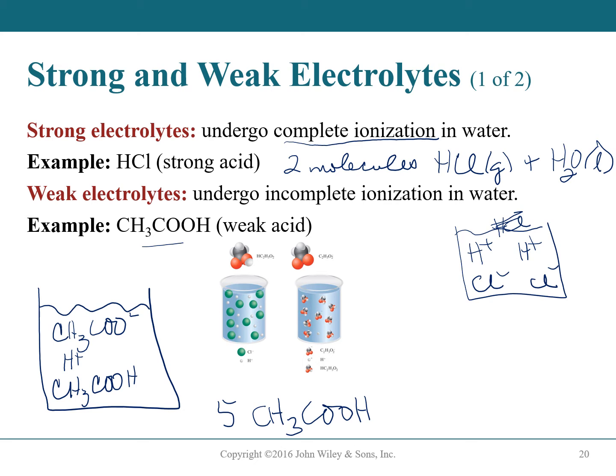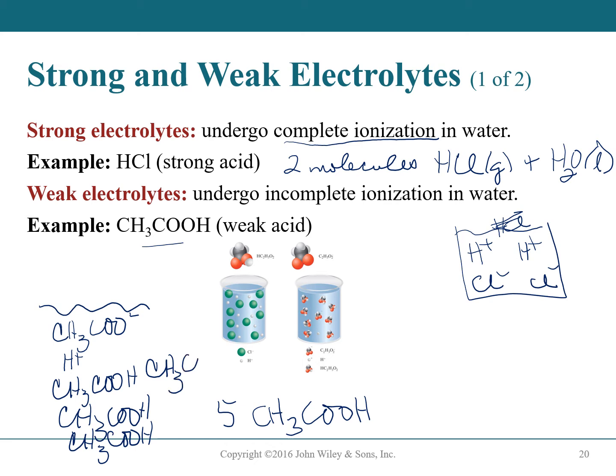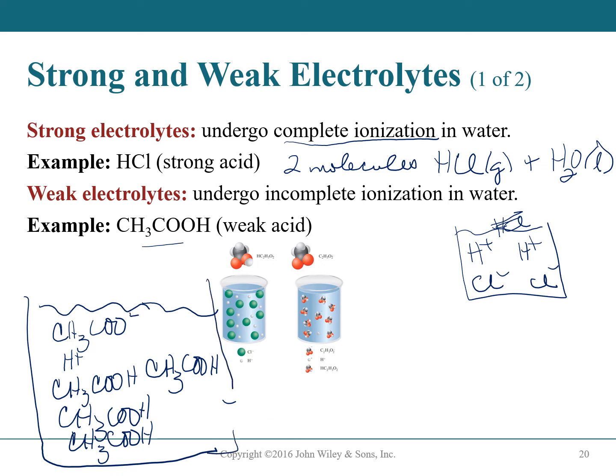So not all of it dissociates. Actually, a very small portion will dissociate. So in this example I'm giving you, only 1 of the 5 acetic acid molecules dissociated. So it's an incomplete dissociation, which is very different than hydrogen chloride or hydrochloric acid, where you put it in water and all of it comes apart.